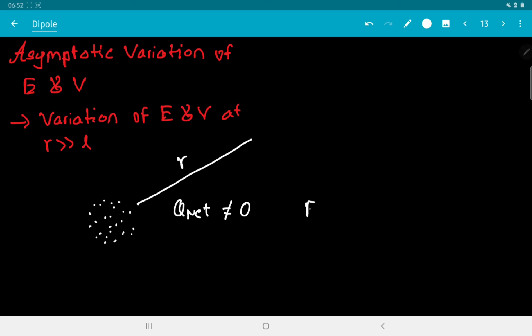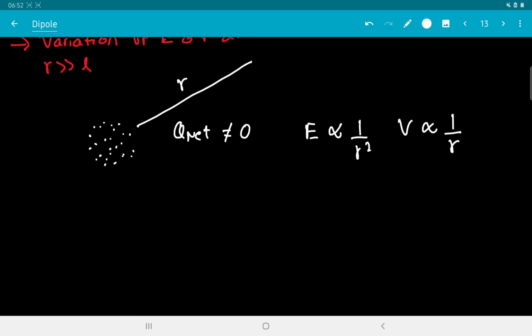Here you will get electric field which will be of a point charge, and electric field will be inversely proportional to r square, and potential will be inversely proportional to r.